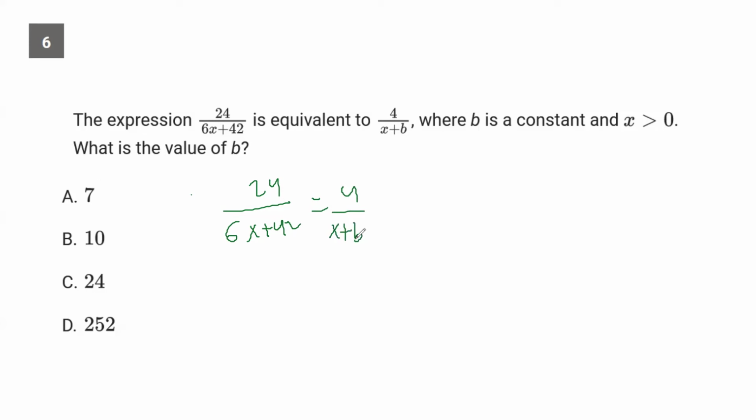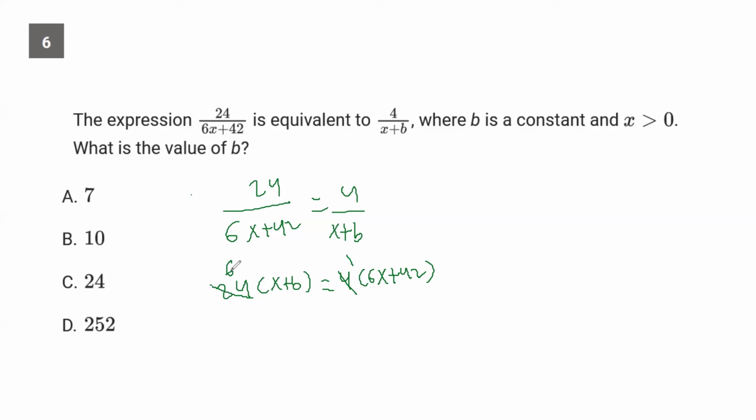But when you work it out, what you want to do is still save yourself time. You're going to cross multiply and get 24 parentheses x plus b equals 4 parentheses 6x plus 42. Okay. And then before I do the multiplication, I can actually simplify because they're both being multiplied by multiples of 4. So this becomes 1.